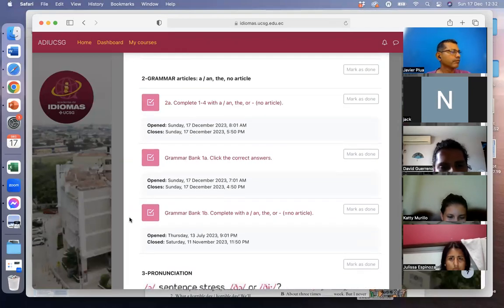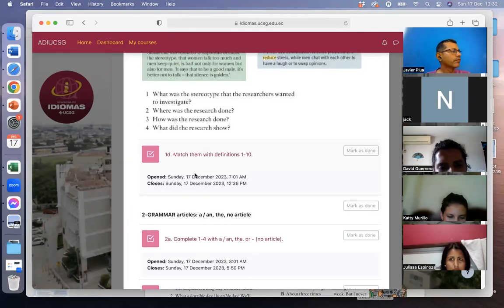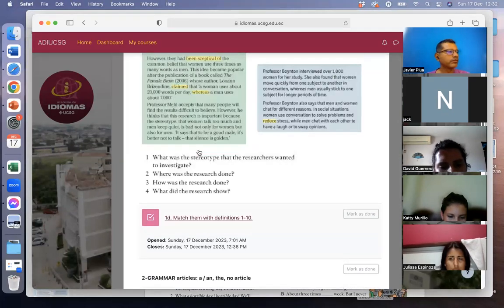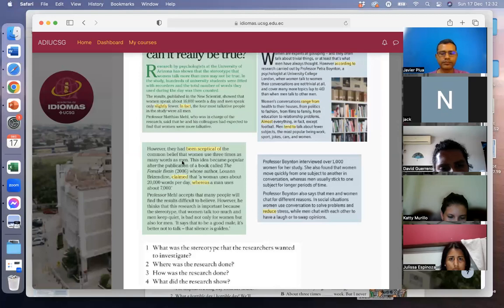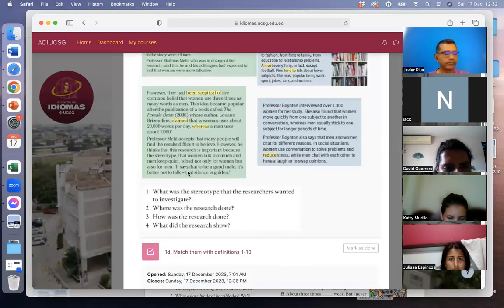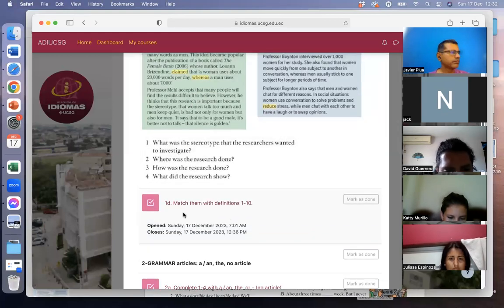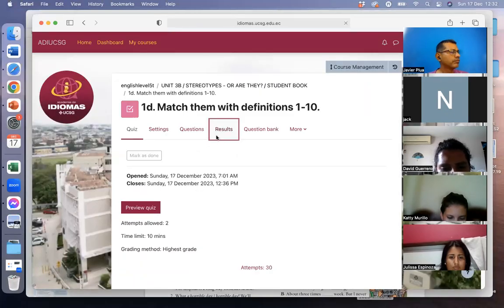You said only one D. Yes, only one D. So read the article, and all of these words that are marked in yellow, that's why we're reading the article, to better understand the context of where this word is used. And then you complete the match with the definitions in the activity 1D. We have 4 minutes for the activity, so please, those who did not even start.